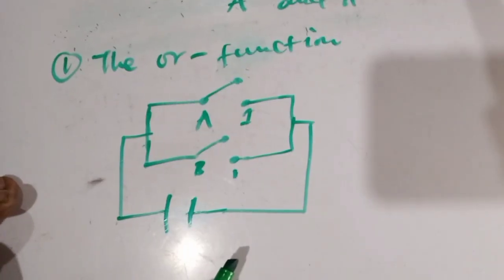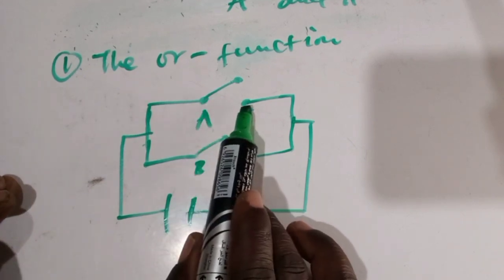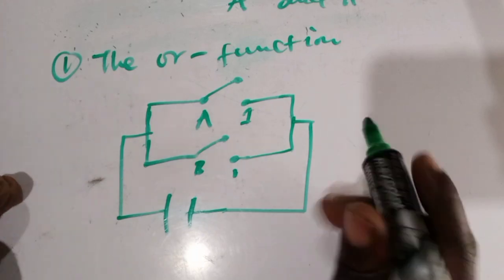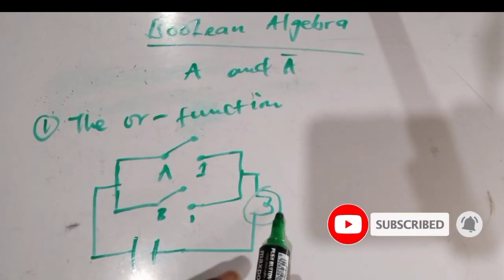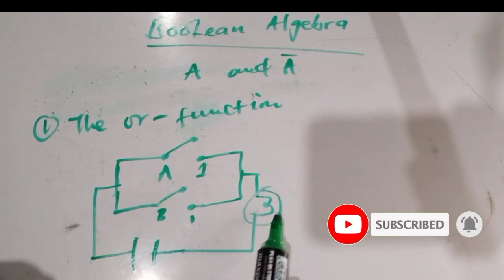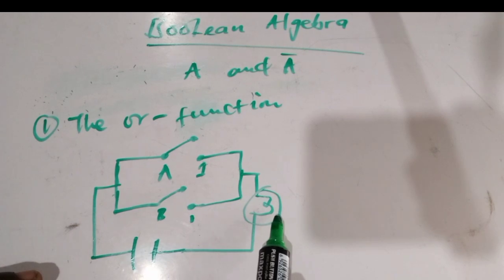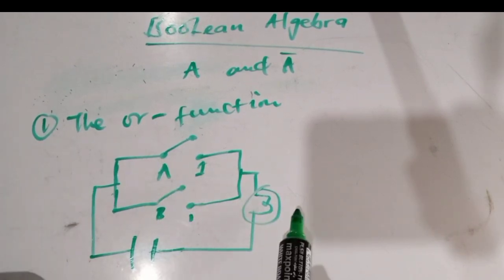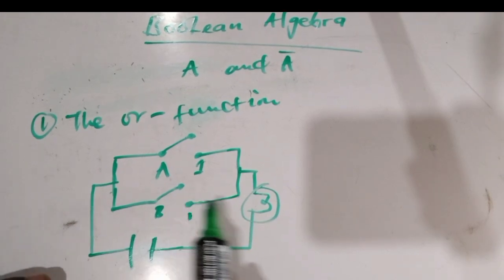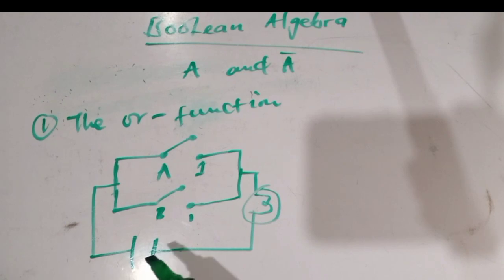This OR function means that when you close this first switch, the bulb will be on. When you close B also, the bulb will be on. When you close all the switches, the bulb will be on. But when all the switches are open, the bulb won't be on.